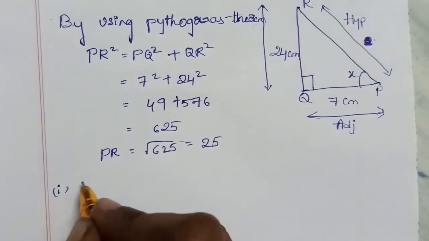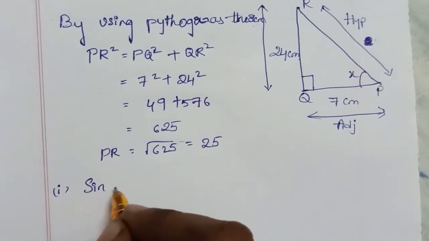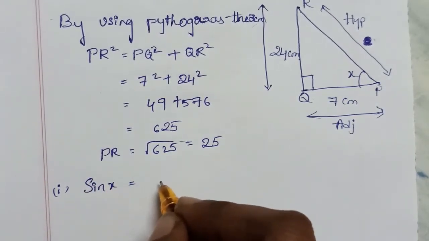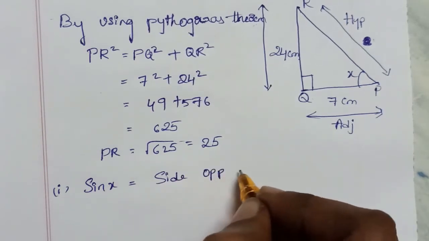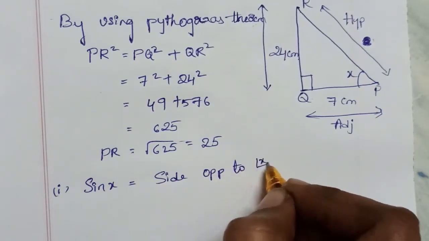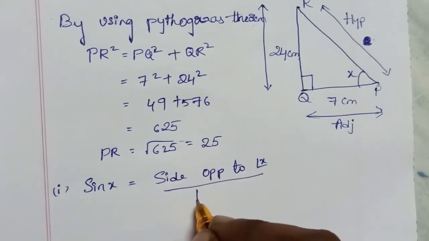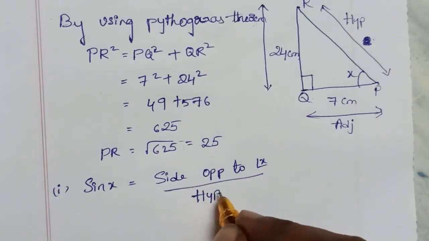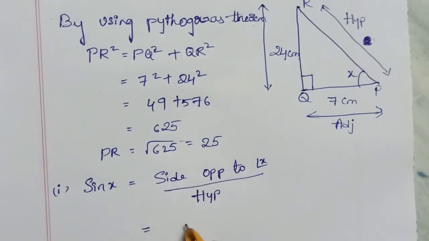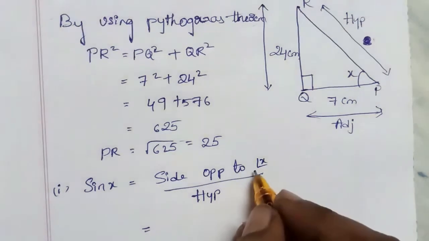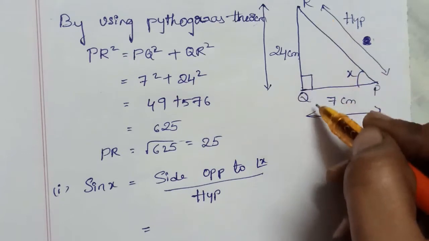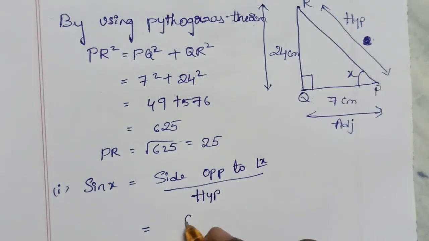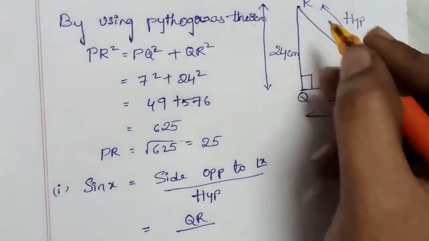First one, sin x is equal to side opposite to angle x by hypotenuse, that is equal to side opposite to angle x, that is QR, QR by hypotenuse PR.